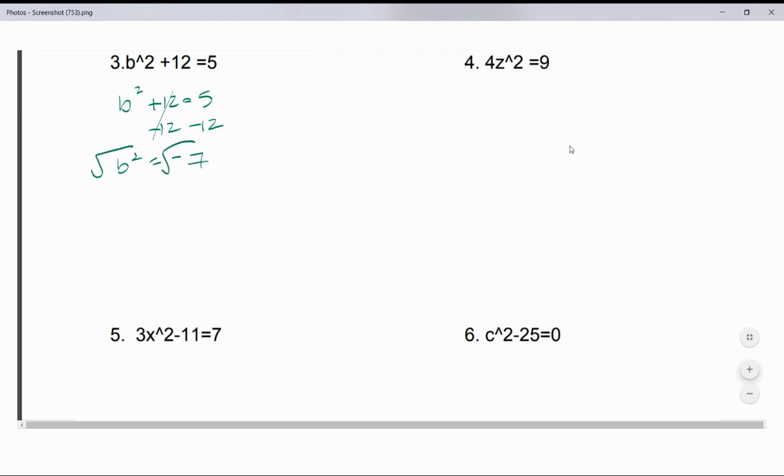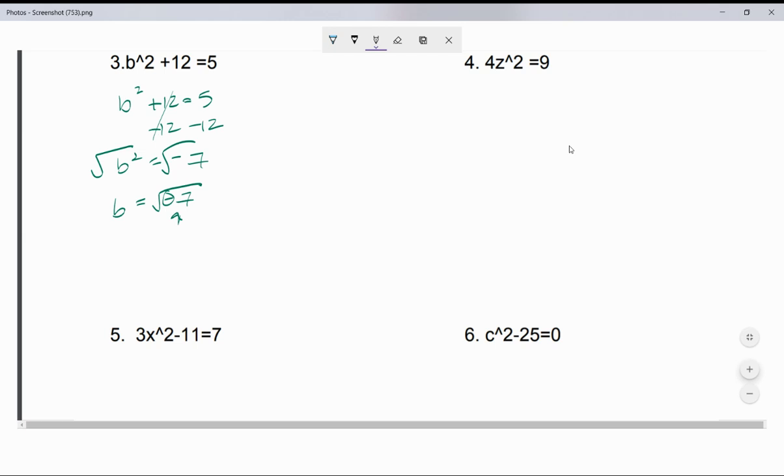Then we take the square root of each side. So that'll just be b, right? And then the square root of negative 7. And if there's a negative 7 inside of the square root, then there's basically an error, right?